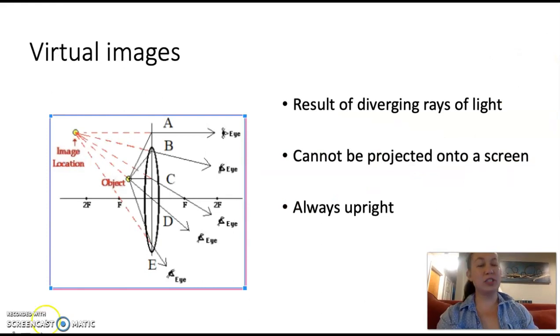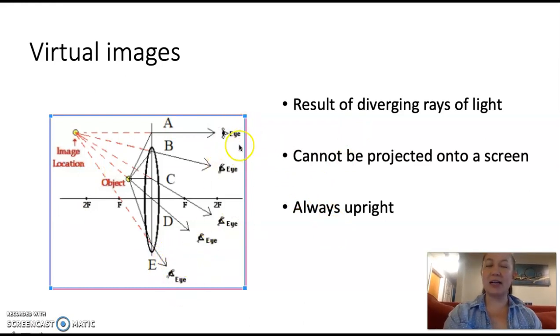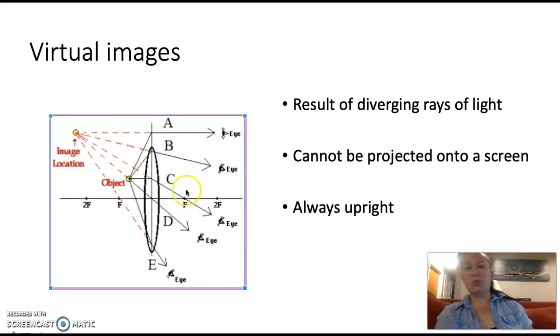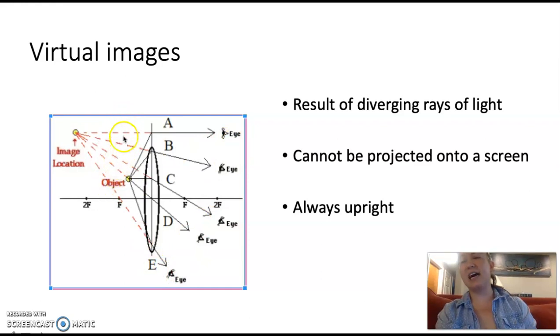Whereas virtual images are always upright and they can't be projected onto a screen. So let's say my eye is over here, right? I'm looking at this lens. Looking that way. I'm looking at these rays and they diverge, right? So my eye thinks they must have come from a place back behind the lens and it creates a virtual image. You'll be able to tell virtual images apart in a ray diagram because it'll have these dotted lines where your eye thinks the light came from.